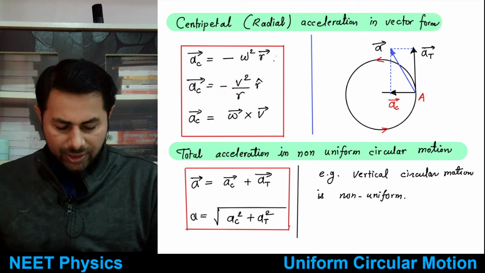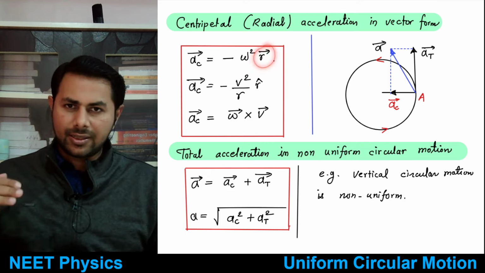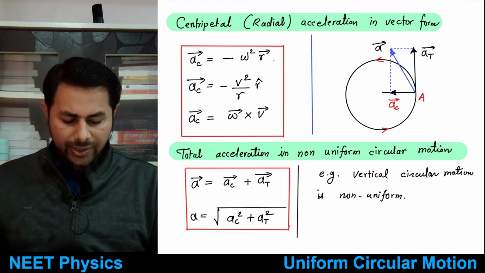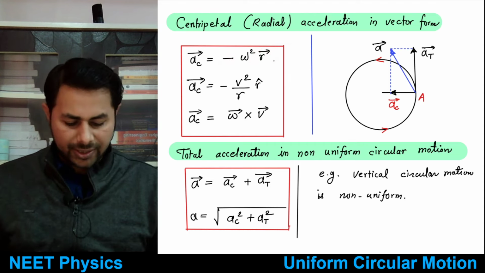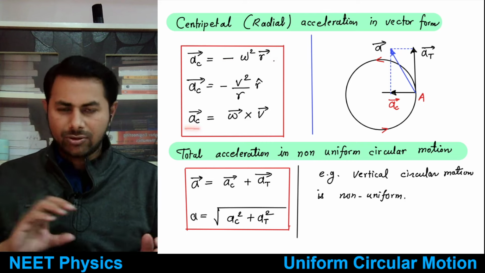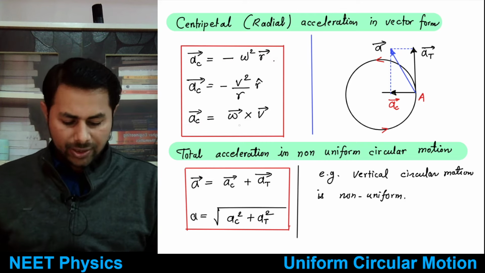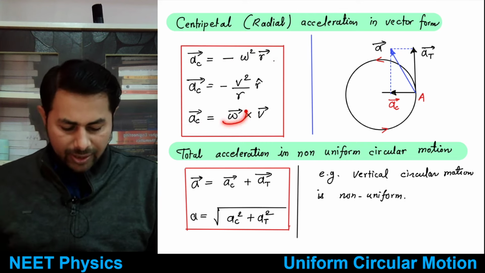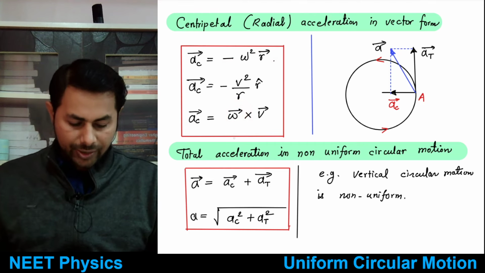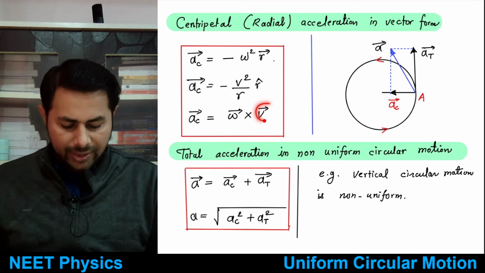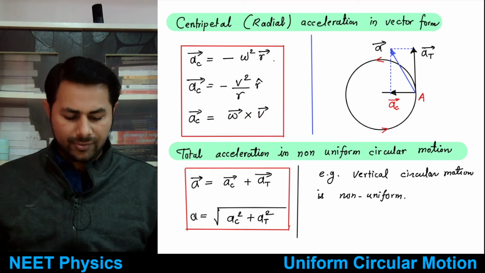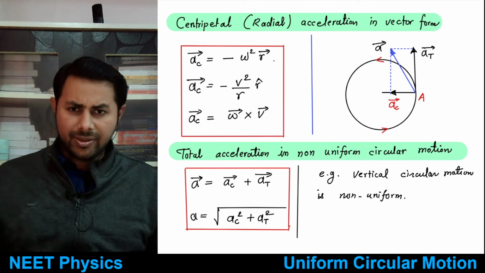These tell you that it's directed along the radius but towards the center, but the radius vector is directed away from the center, that's why the negative sign is there. But when you write it in vector form as omega times v, the angular term, omega bar, comes first, followed by cross, followed by the linear term. So the same theme is there everywhere.